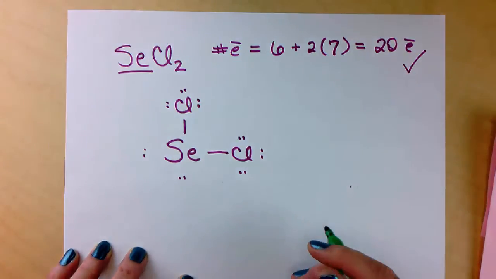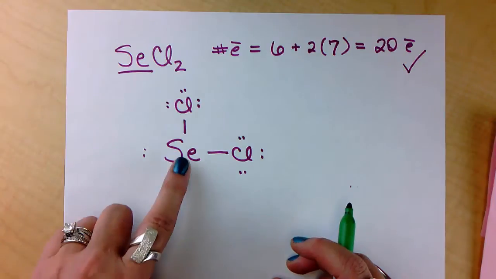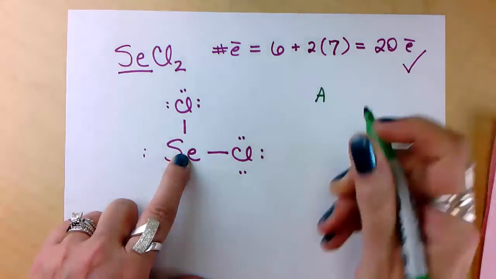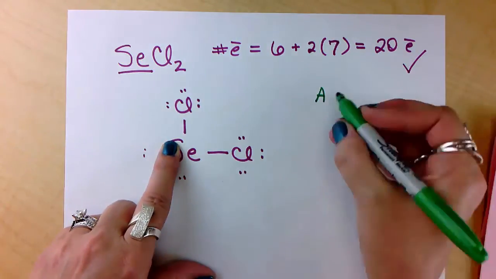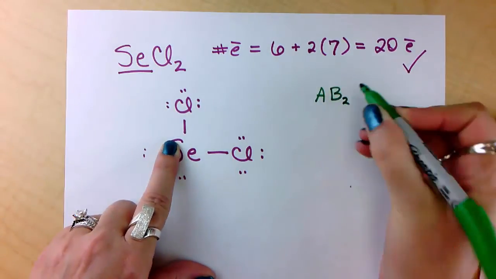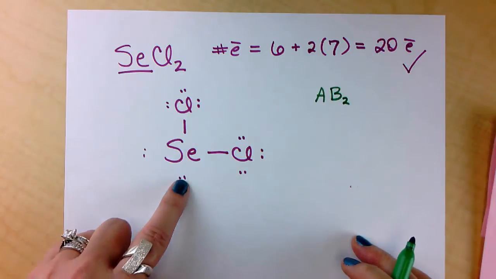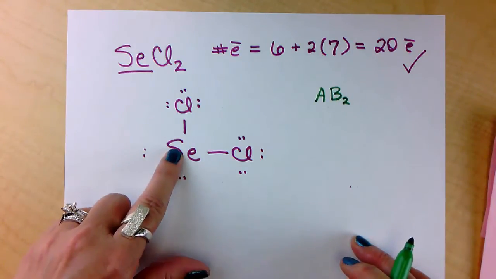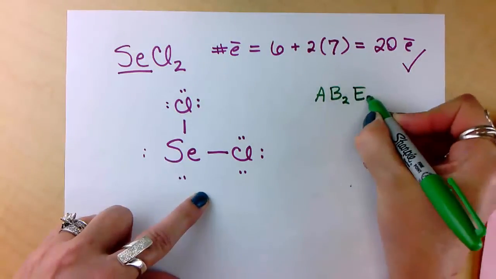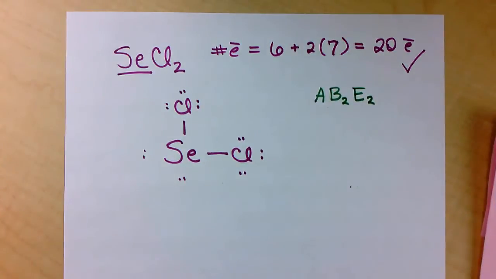They don't change the shape. So we have a center atom, which is A. We have two atoms connected to the center. We're going to call those B's, and there's two of them, so AB2. But don't forget we have two lone pairs bonded to the center atom. So that counts as E2, AB2E2.